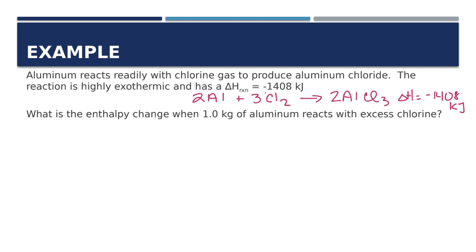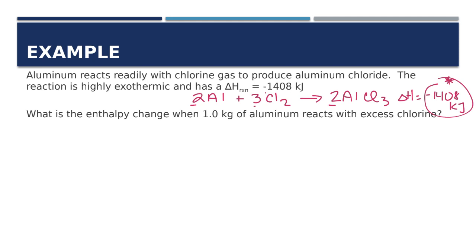This enthalpy value is only released if I have 2 moles of aluminum, 3 moles of chlorine, and 2 moles of aluminum chloride being produced. The minute I change the amounts of reactants or products, this enthalpy change is going to be altered as well.